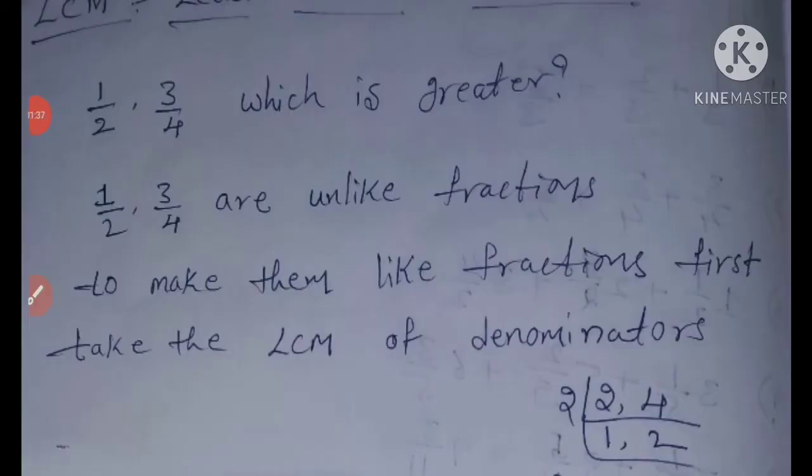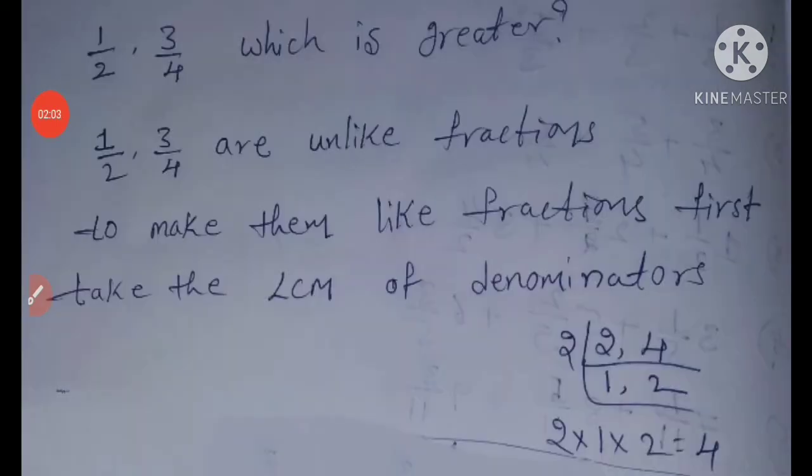First of all, we have to take the two denominators and take the LCM of the two denominators. To make two unlike fractions into like fractions, we have to take the denominators of the two given fractions. So what are the given fractions' denominators? 2 and 4. So we have to take the LCM of the denominators.